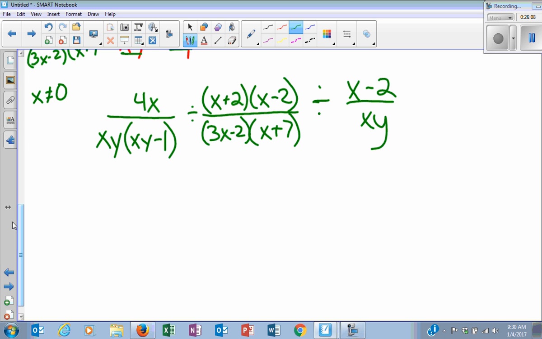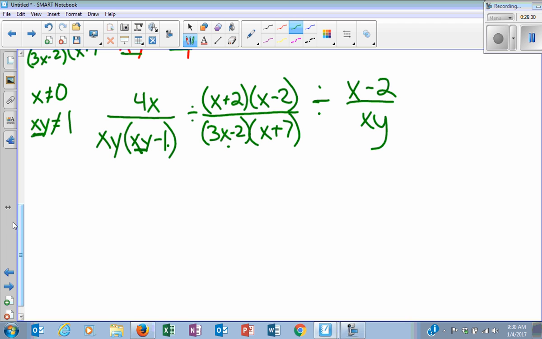This is a fun one. Right here, x times y is not allowed to be 1, because if x times y equals 1, then 1 minus 1 is 0. So x times y is a new restriction, kind of. Hopefully you understand that. So x times y is not allowed to equal 1.